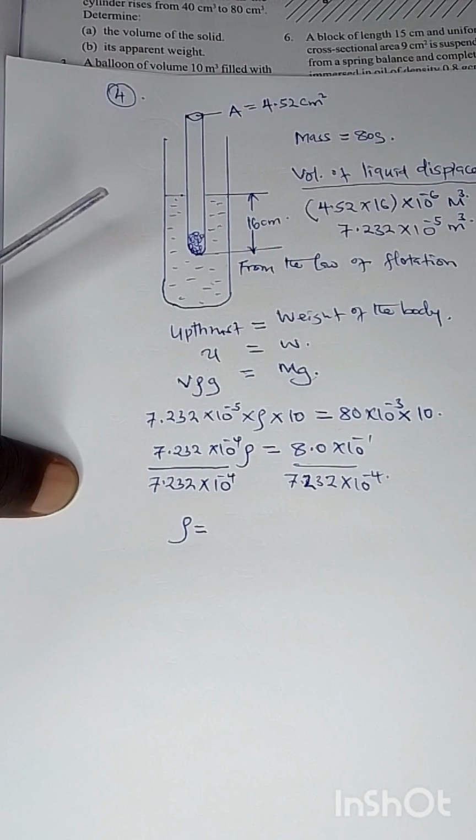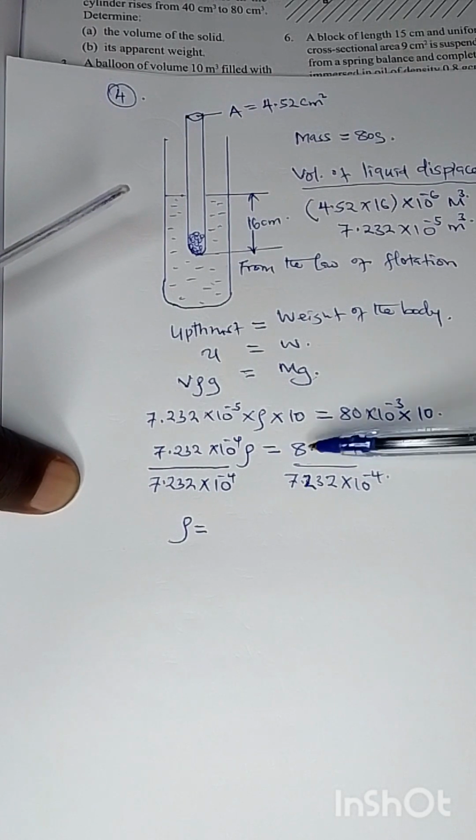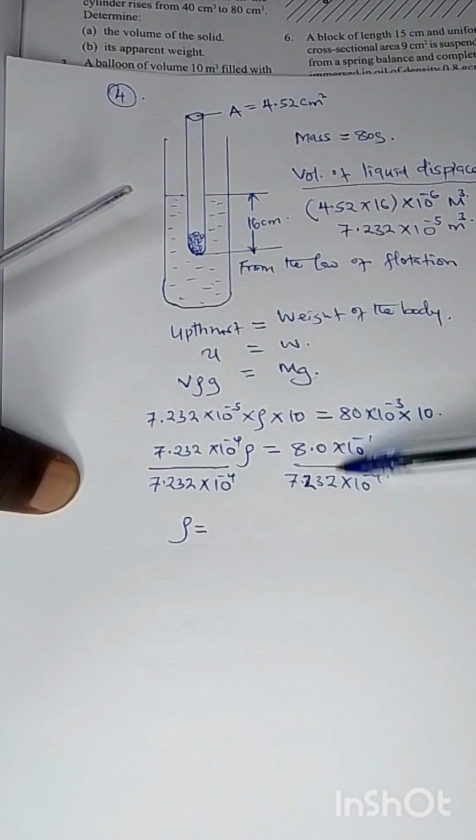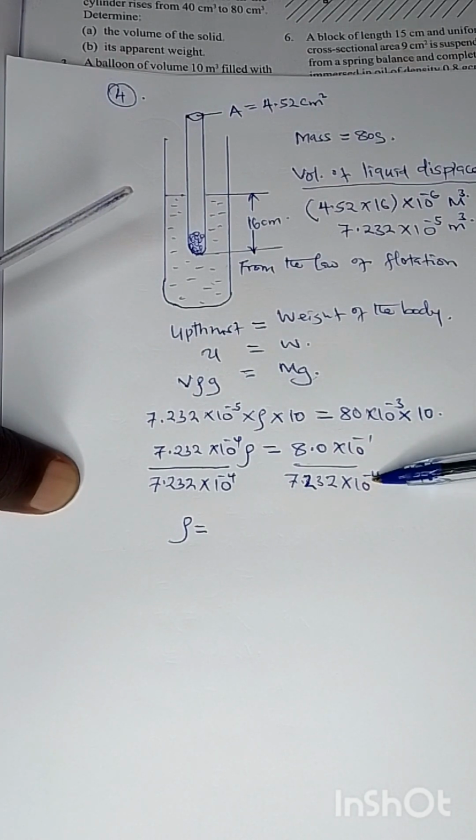We have rho equals, so when you divide 8, mathematically just divide this by this, then we later come and harmonize these powers, because we know when we have numbers of the same bases being divided, we just subtract their powers.